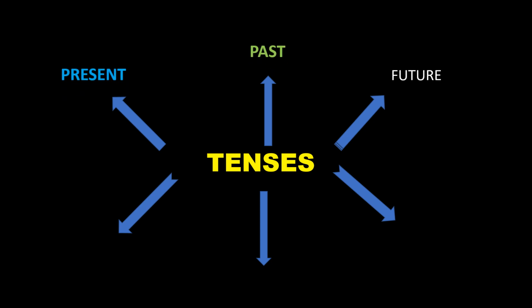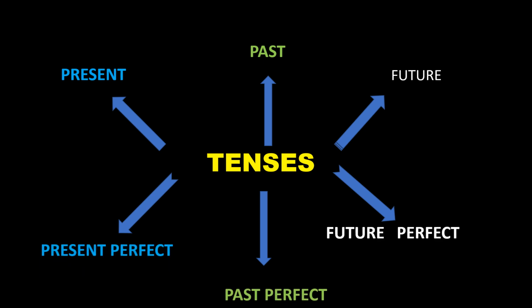Present tense, past tense, future tense, present perfect tense, past perfect tense and future perfect tense. That's all we have in German. Not present continuous or past continuous or future continuous or present perfect continuous. We do not have those tenses. So what a relief for you guys and for us as well.